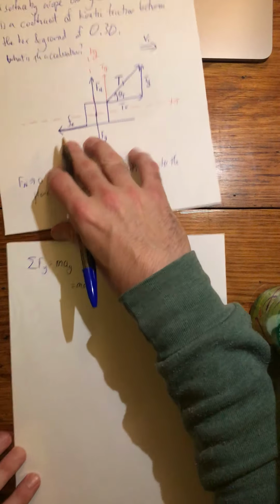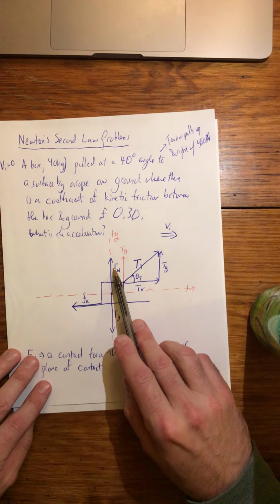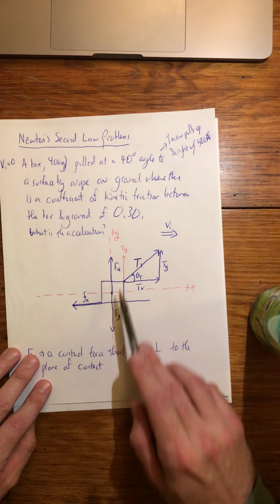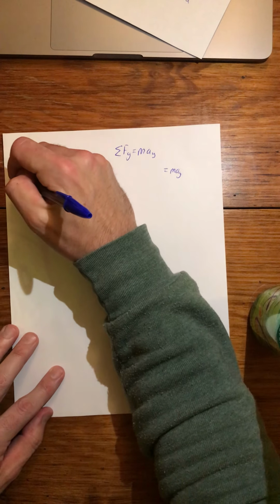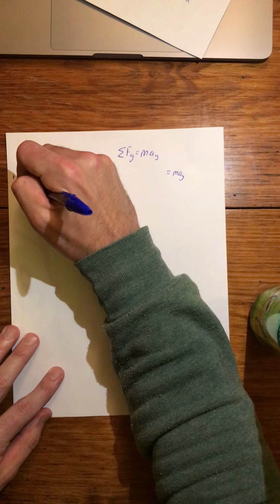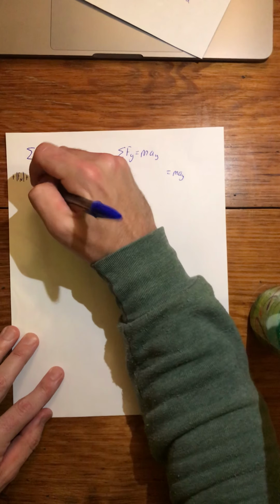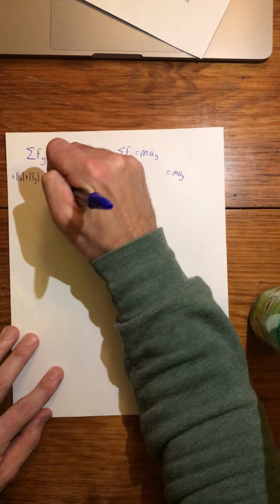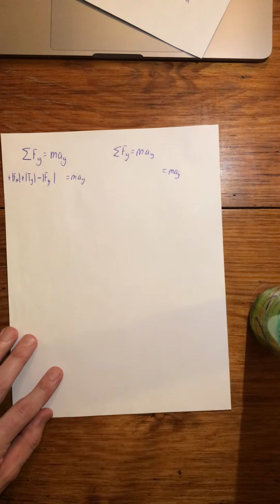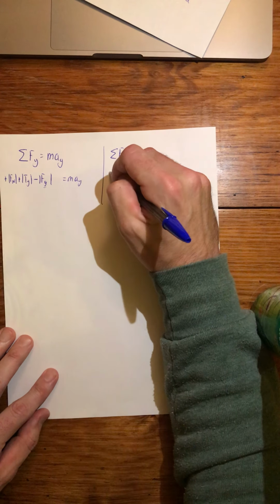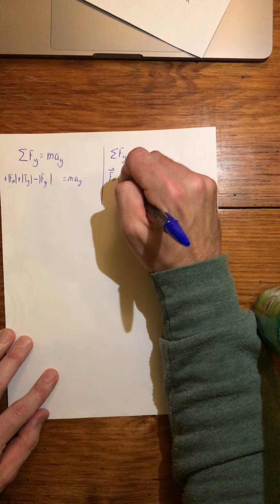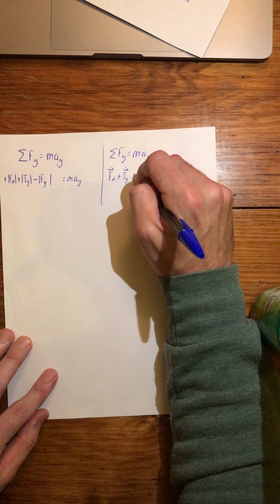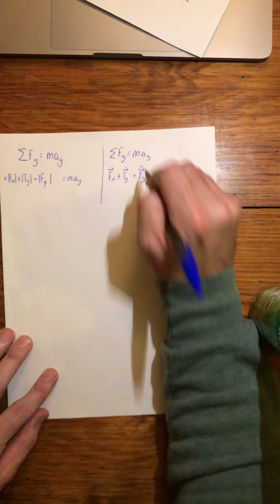So looking at this, I've got Fn acting positive y, Ty acting positive y, Fg acting negative y. So that might look like this. Positive magnitude of Fn plus magnitude of Ty, since that acts up, minus Fg, since that acts down. If you're doing it the other methodology, I would say Fn vector plus Ty vector plus Fg vector.